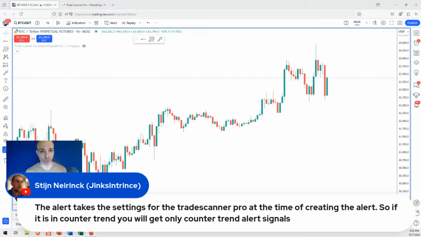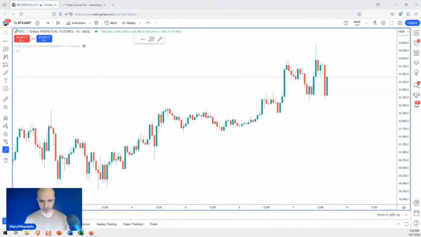Signals can take quite some time to develop. That's why you use these notifications. But keep in mind the limitation: it takes the settings for the Trade Scanner Pro at the time. So if you're in counter trend mode, it's going to stay in that mode. Thank you, Stian, for clarifying that.